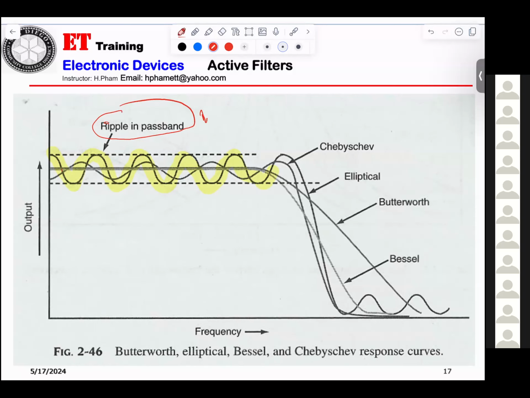That means the noise. Okay. The noise means unwanted signal. You don't want that signal. Okay. Basically, the signal you want will be here. See the line?